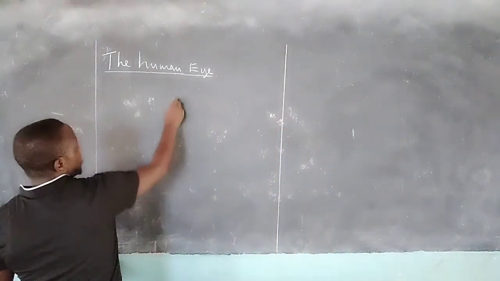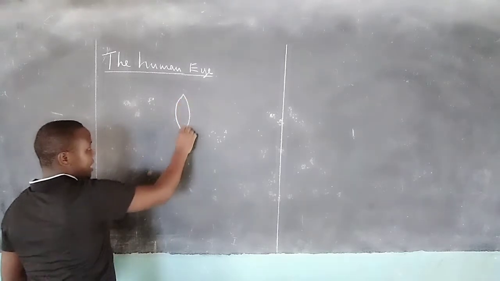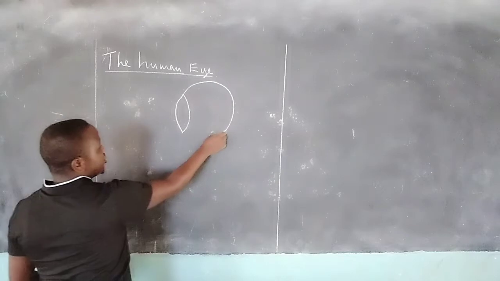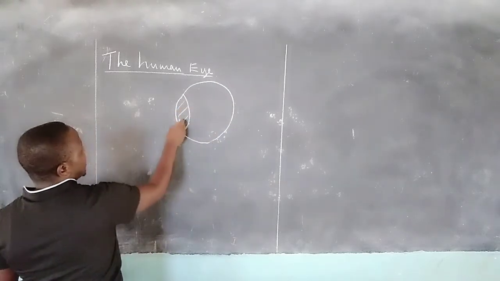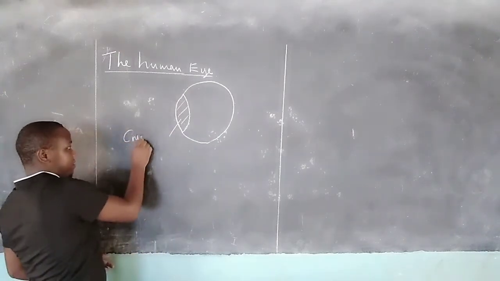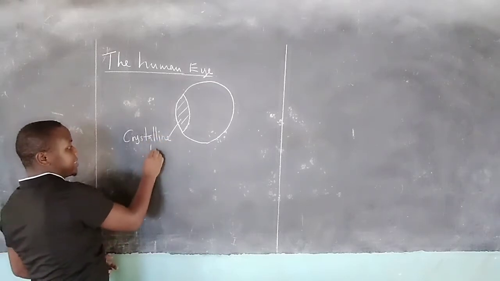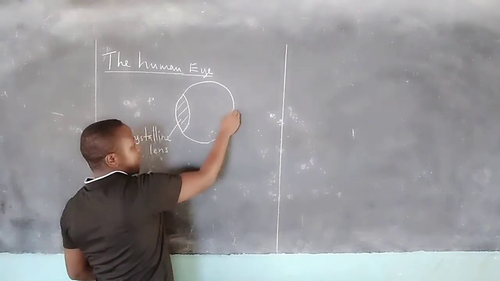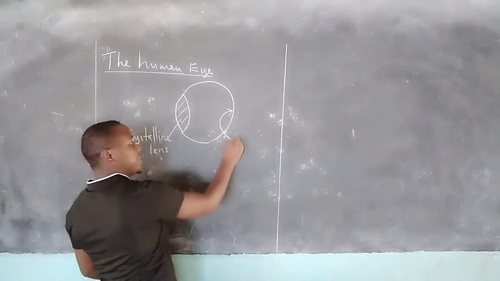Therefore, in the human eye, we have what we call a crystalline lens, which is converging in nature. So if this is the human eye, the lens here is called a crystalline lens. At the back here, we have a surface called the retina.